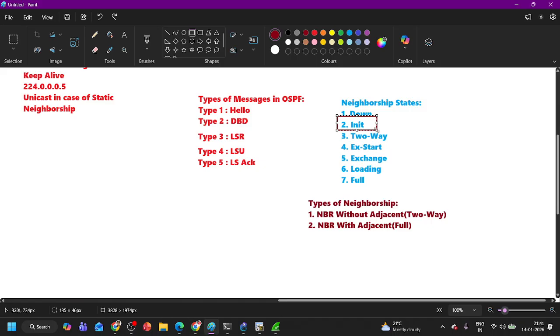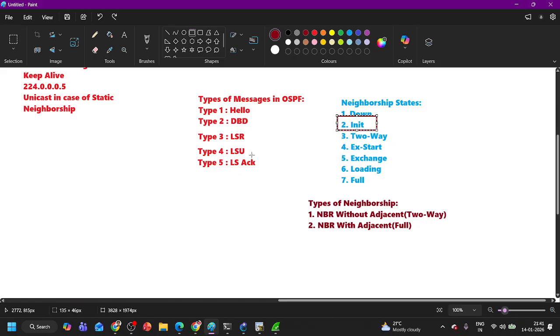Sir, does that mean we never see a state called down? If you don't enable OSPF, nothing will be there. So if OSPF is not enabled, how will an OSPF state come?